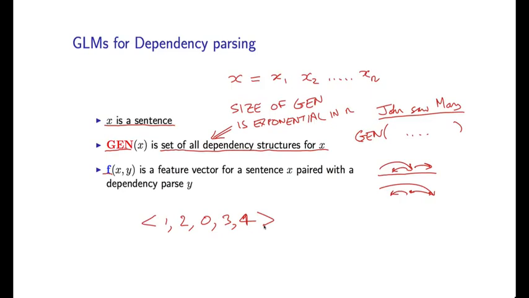And we'll see that there is a way of defining f that gets us around this problem of the exponential size of GEN, because we can again use dynamic programming for search for the most likely tree under this model. So let me now talk about how we can define f.